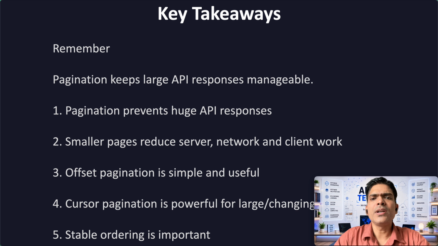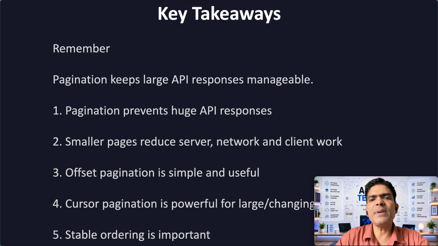Let's quickly summarize today's episode. First, pagination prevents the API from returning a huge amount of data at once. Second, smaller responses reduce the amount of work required by the server, network, and the client. Third, offset pagination is simple and works very well for many use cases.